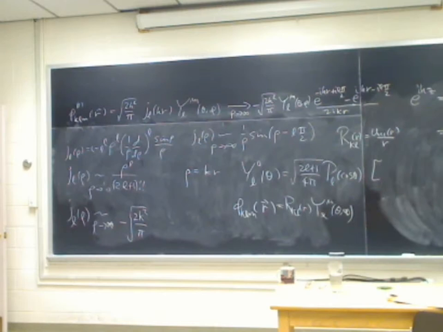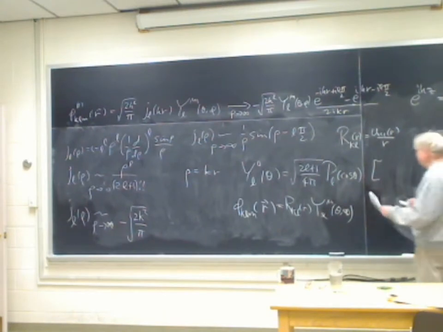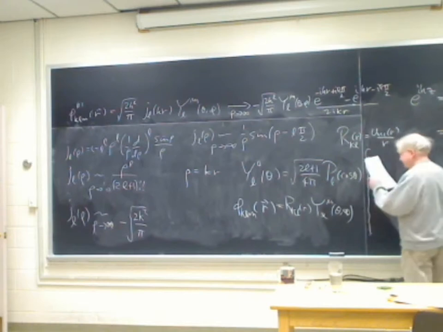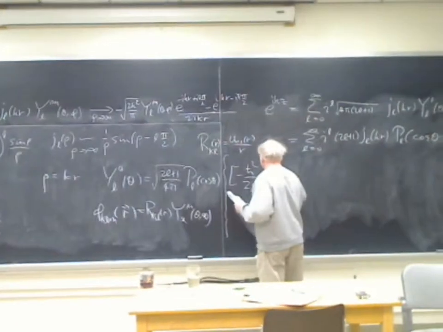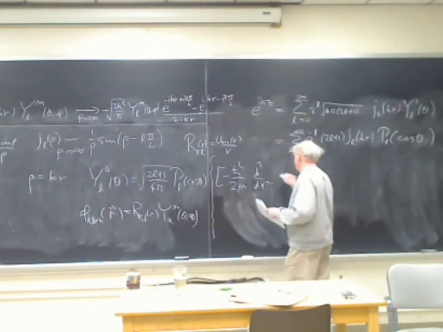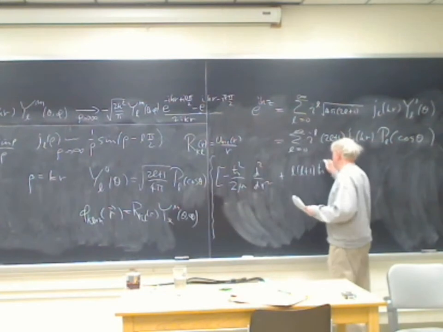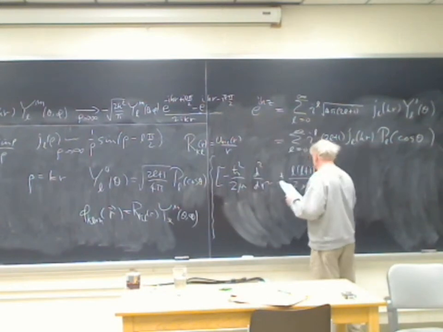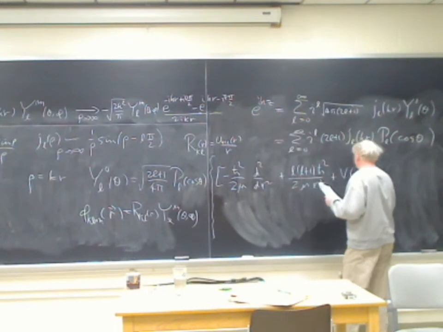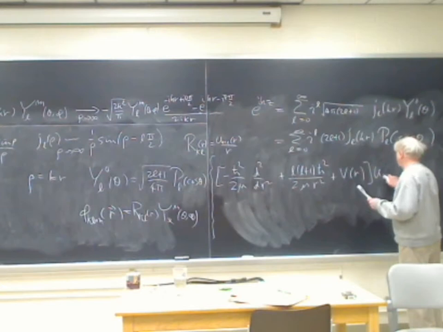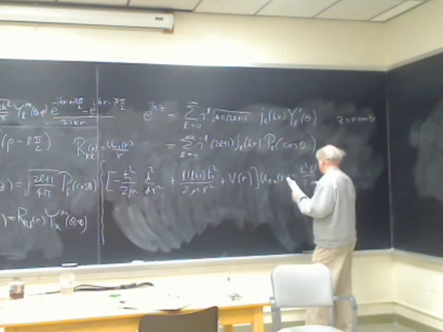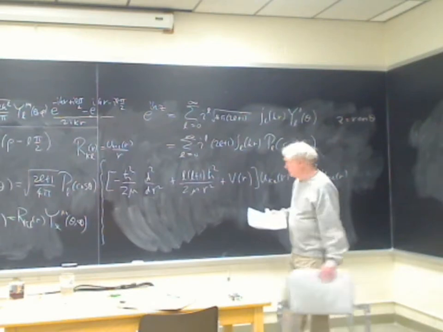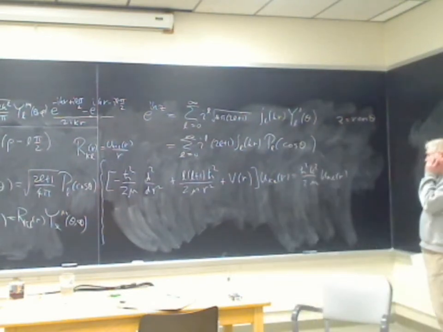And at that point, the equation is Schrodinger's equation: minus h bar squared over twice the reduced mass, d2/dr squared, plus l(l+1) h bar squared over 2 mu r squared, and then plus V of r, acting on u_kl of r, is h bar squared k squared over 2 mu u_kl of r, and then, as you know, you can further simplify things.